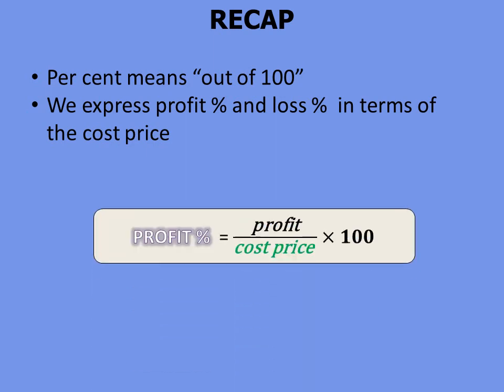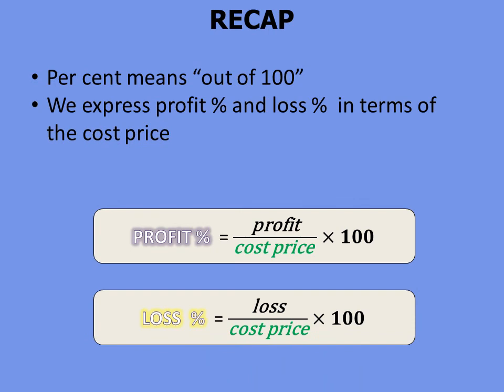So to find the profit percent, we take the profit over the cost price. Then we multiply by 100. To find the loss percent, we take the loss over the cost price. And then we times it by 100. Always remember, we put the profit or the loss over the cost price. And then we multiply by 100.